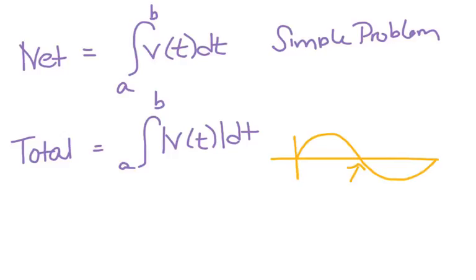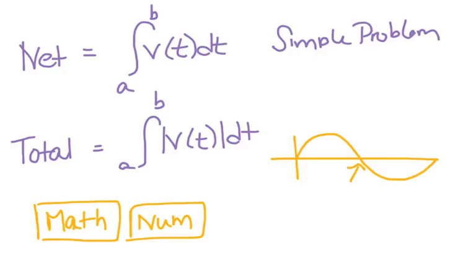If you have a calculator, press the math button and then the NUM button, and absolute value symbols will come up. But without a calculator, you're going to do a quick little sketch of the graph and integrate it in pieces. The first piece, and then add the second piece, just taking the absolute value of the second piece.